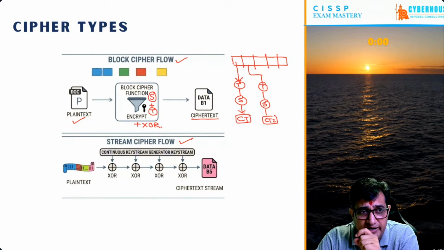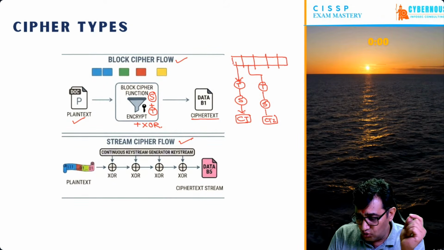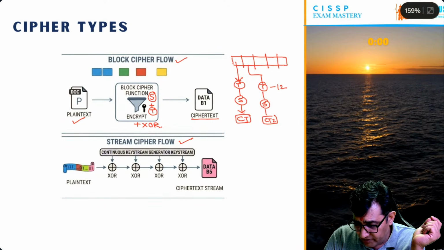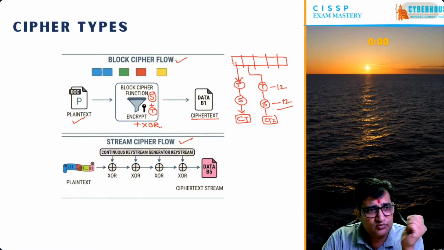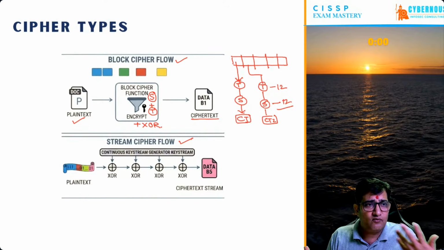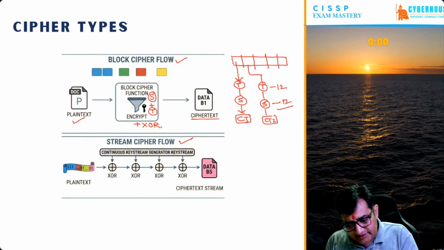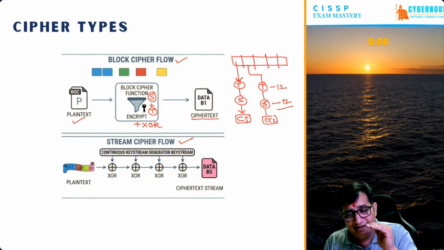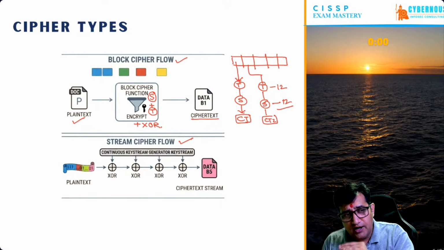We cannot make whatever I speak go through 12 rounds or 15 rounds of substitution or transposition. That will not be right, because this will add a lot of network latency and the quality of the call will degrade. So in this case, we are going to use a little lighter version of the same thing.